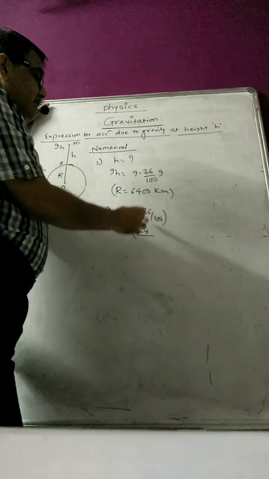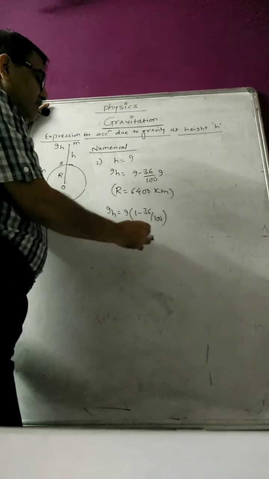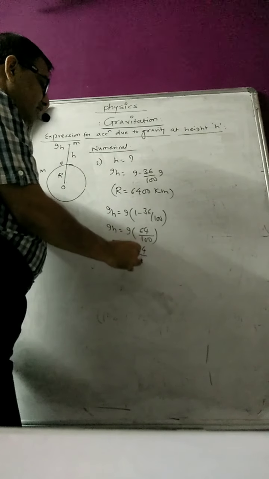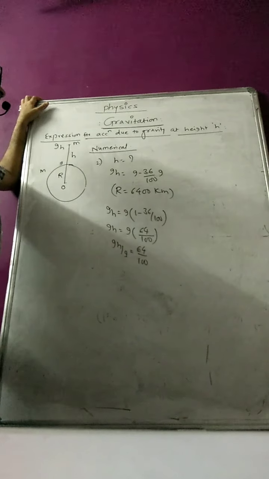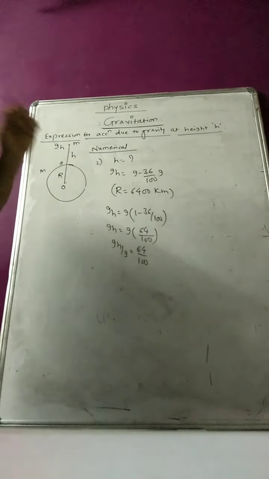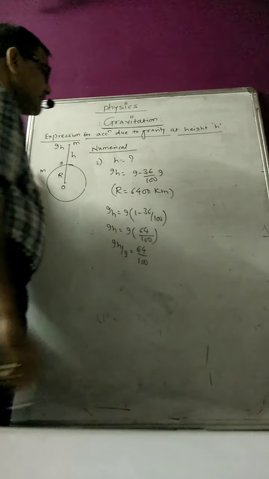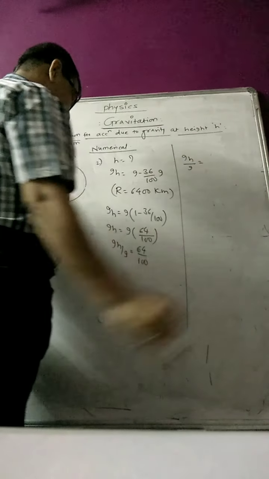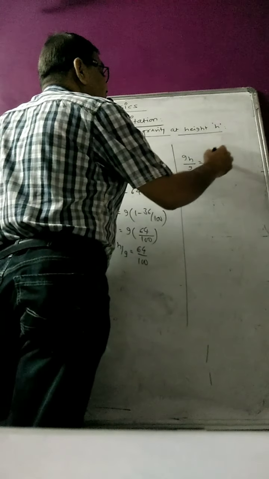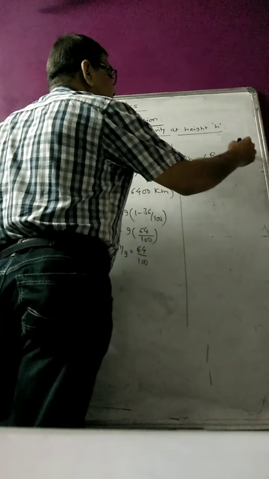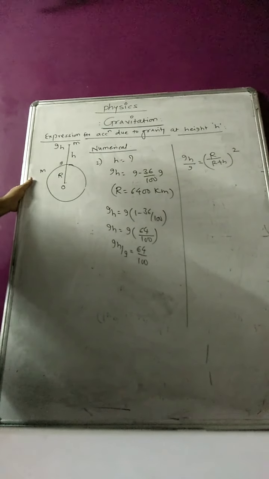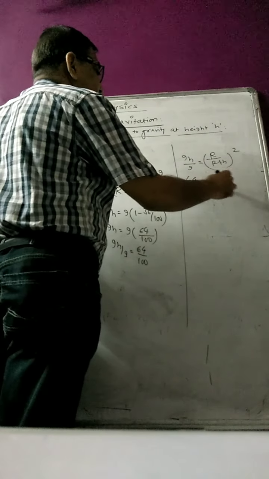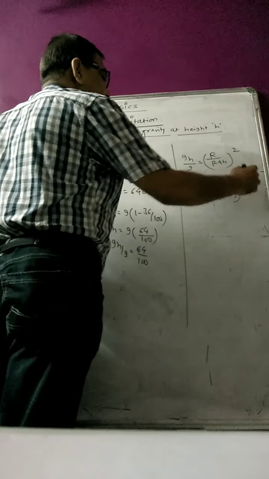Okay, कारण मुलांनो 6 plus 4 10. 64% of g will be left, or gh by g will be 64 upon 100. राहू द्या मुलांनो याला असं. आणि हे सुद्धा कंपेरेबल टू आर आहे, म्हणजे आपले इक्वेशन तुम्हाला बदलावं लागणार नाही, म्हणजे you can keep the same equation. So therefore I will say gh upon g is equal to r upon r plus h bracket square. तेच इक्वेशन ठेवू मला. याच्यात त्या किमती टाकू आपण. gh by g will be 64 upon 100, that is equal to r upon r plus h bracket square.